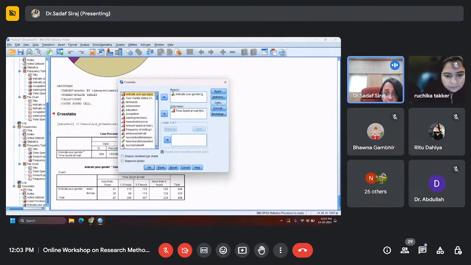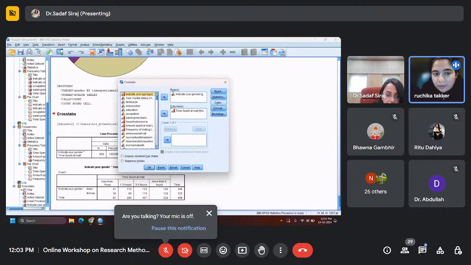Can you see the tab of cells? Sorry, ma'am, can I ask one thing? We have put gender in the rows and in the columns we have put time spent. So can we put them interchangeably? Like, can time spent be kept under rows?